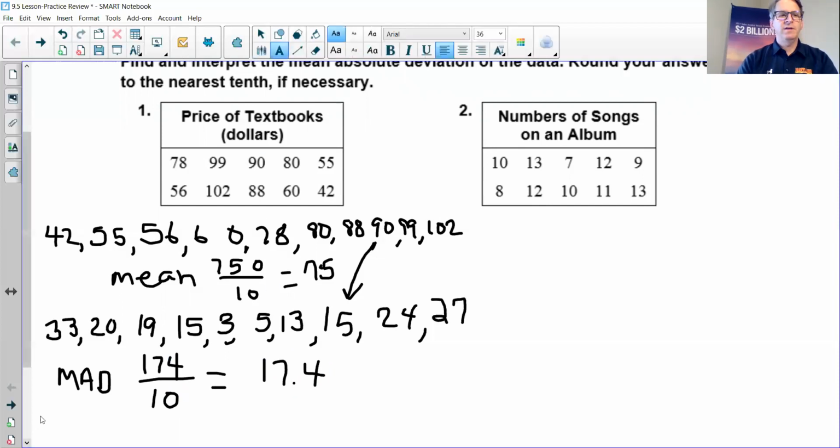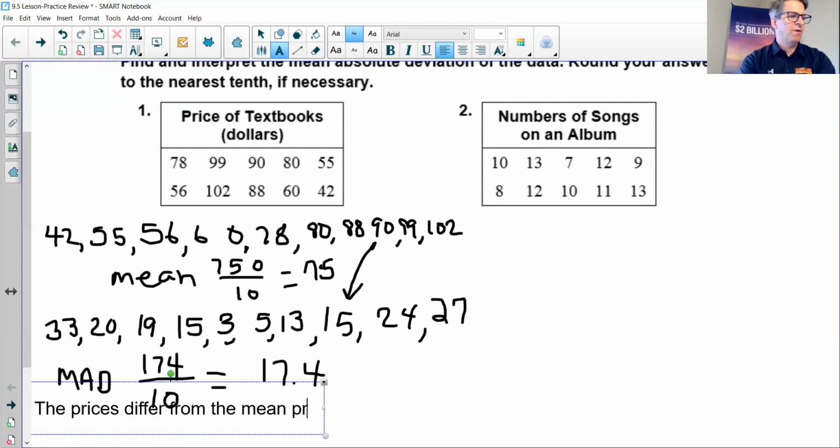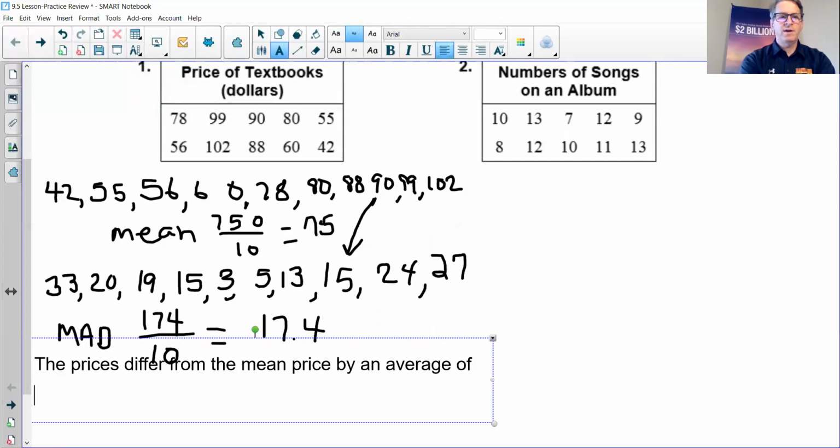And what that means is it means the prices differ from the mean price by an average of $17.40.